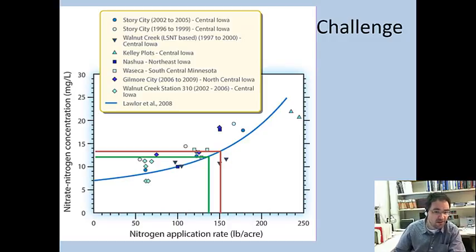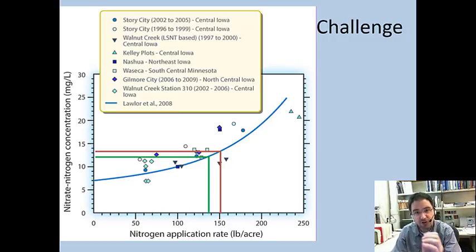And what we see here is that if we look at Iowa, our estimated average application rate to corn following beans is about 150 pounds of nitrogen per acre. And we see if we had 150 pounds, our long-term estimated flow-weighted annual nitrate is just slightly over 13 milligrams per liter, 13.3, I think, to be exact on that curve.